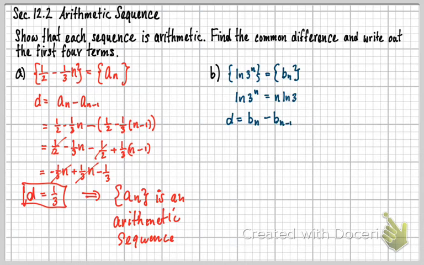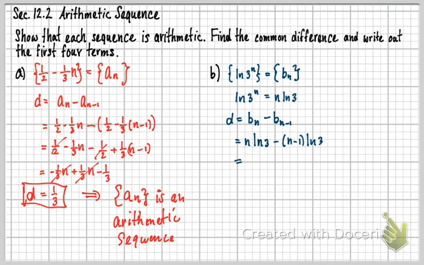So now all I'm going to do is plug those values in. b sub n is going to be n ln of 3. And then minus b sub n minus 1, I have to use parentheses here because this is a times. So that's going to be n minus 1 times ln of 3. Now from here, I'm just going to distribute.